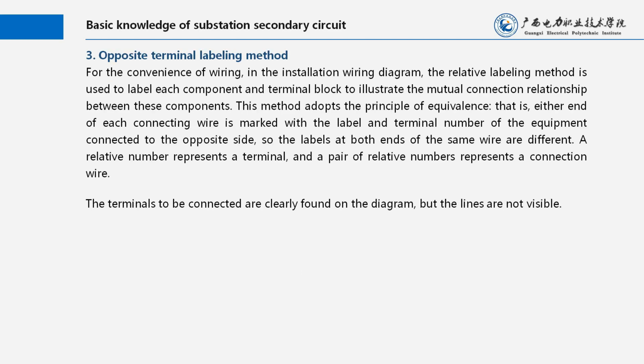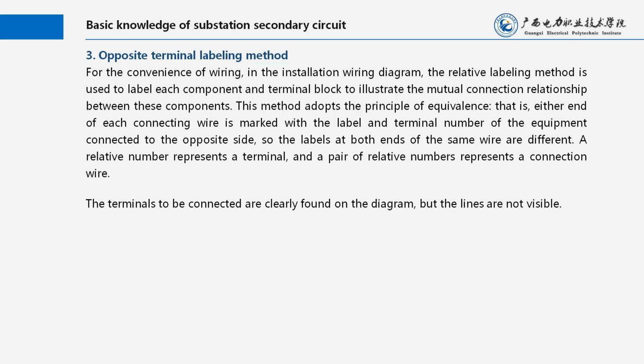Three, opposite terminal labeling method. For the convenience of wiring, in the installation wiring diagram, the relative labeling method is used to label each component and terminal block to illustrate the mutual connection relationship between these components.